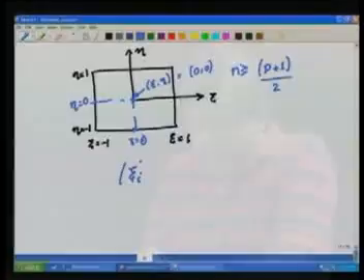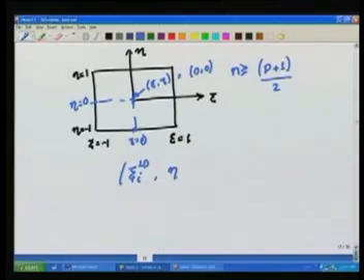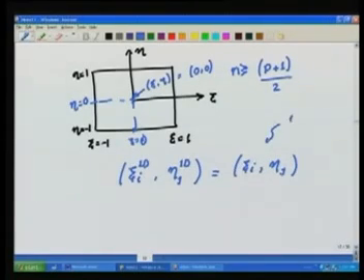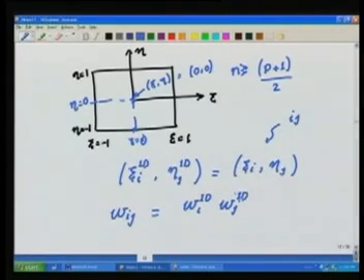So essentially I will take psi I 1D and eta j 1D as my psi I, eta j, corresponding to the ij-th integration point, I am giving a double index, okay, and the weight for this point is equal to weight I 1D into weight j 1D, okay. So it's as simple as that.